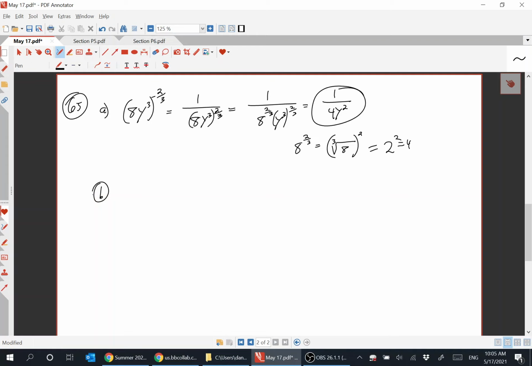B. u to the fourth, v to the sixth, to the minus 1/3. So let's make that a positive exponent by rewriting like this.